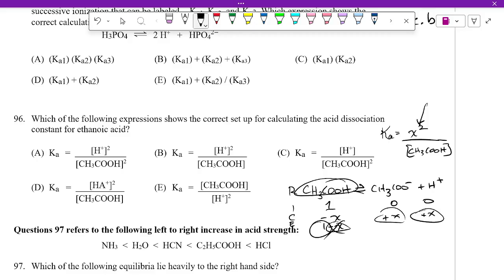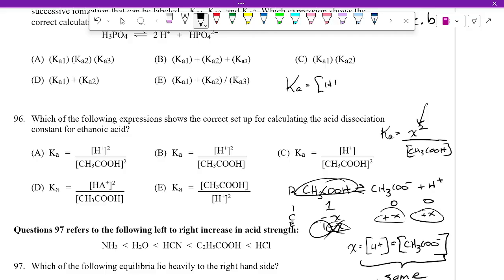So, what is x? X is hydrogen. What else is x? CH3COO minus. These two are the same. So rather than writing Ka equals H plus times CH3COO minus, I feel like I went about this the long way. We could have just started here.